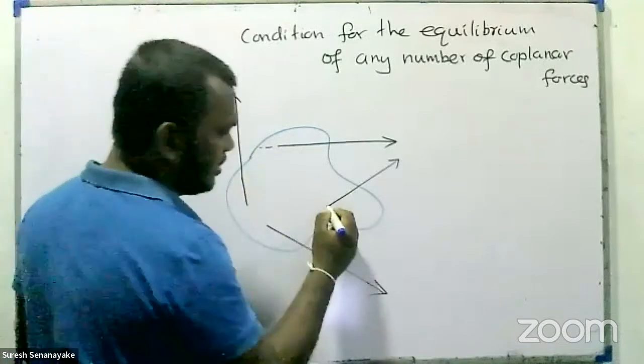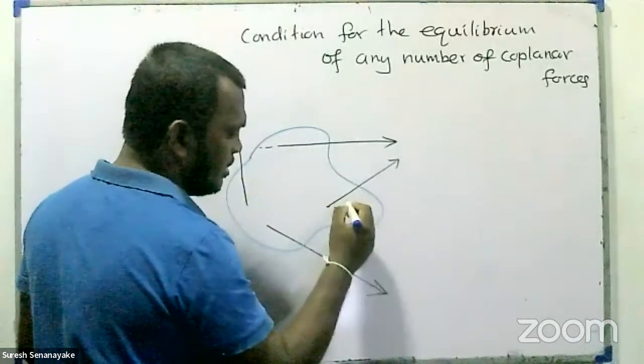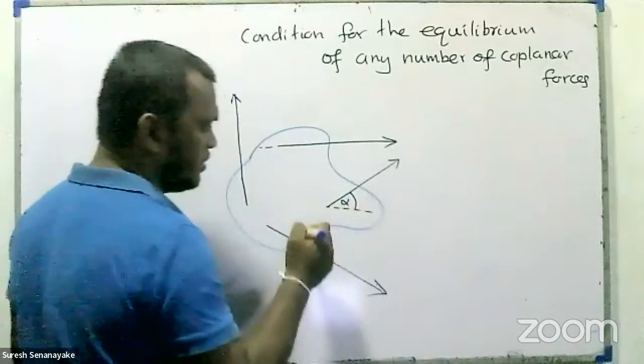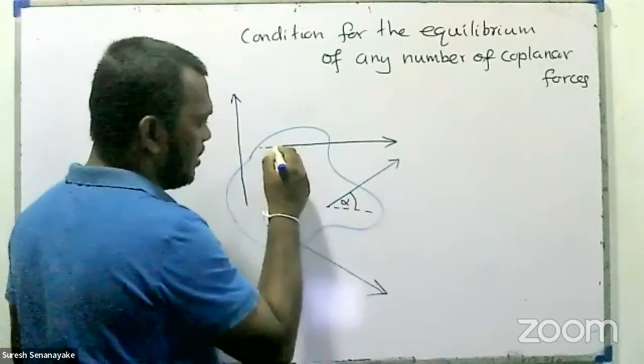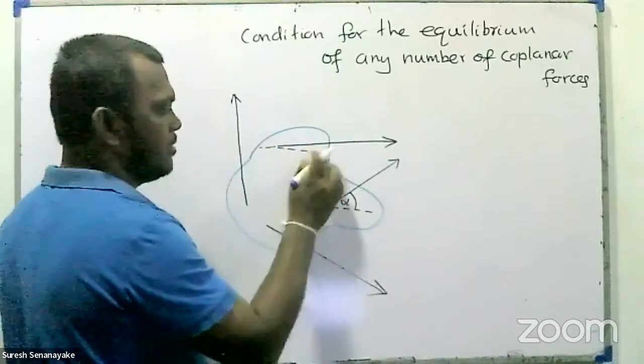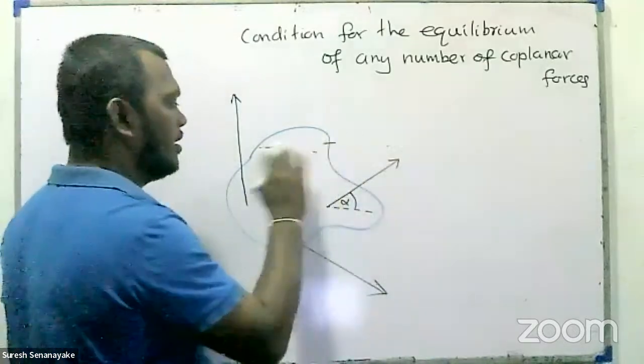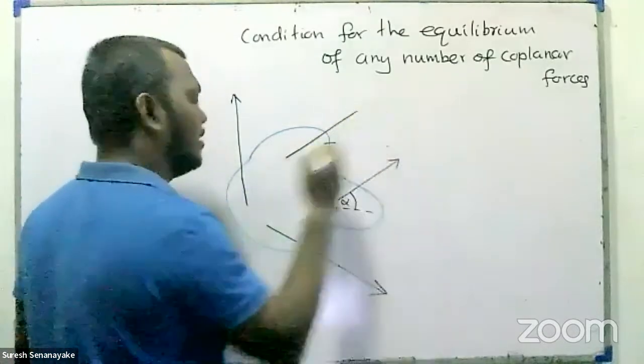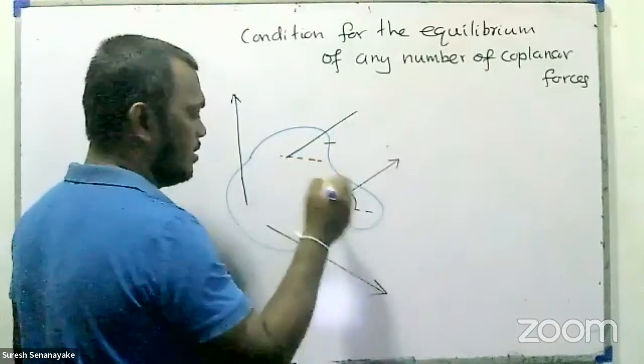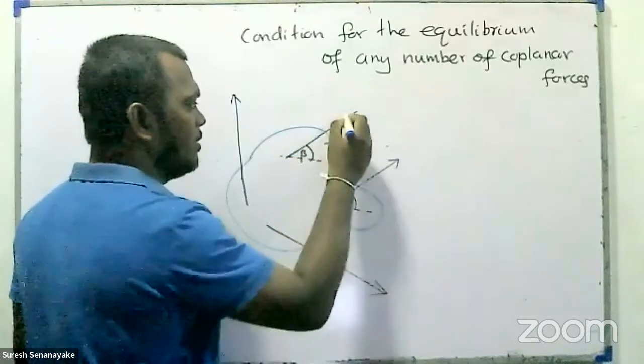I'll take this one, and this makes an angle alpha with the horizontal, and this one makes an angle theta here.